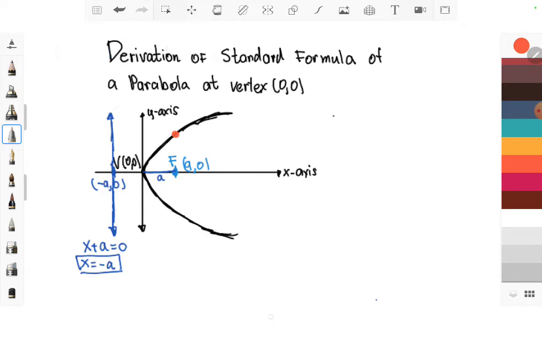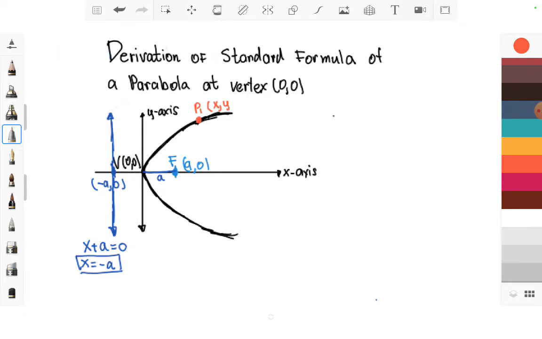Now in order to derive our equation for this parabola, let's have our point. So any point on the parabola, let's call this my P1. So this will be my P1, wherein, since this is at positive x in quadrant 1, I will assume positive x and y values.